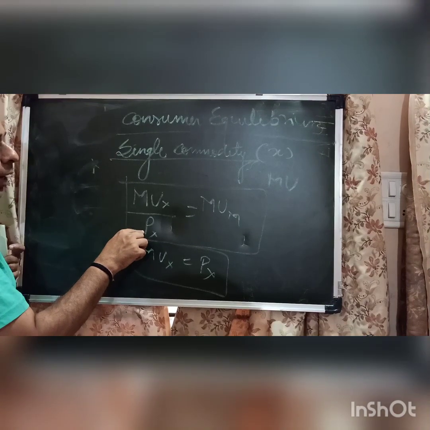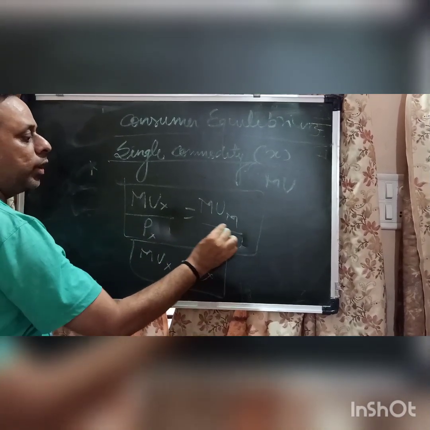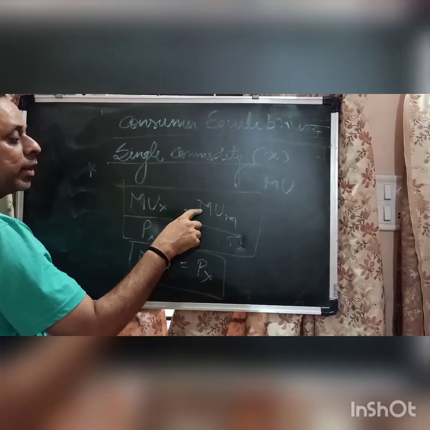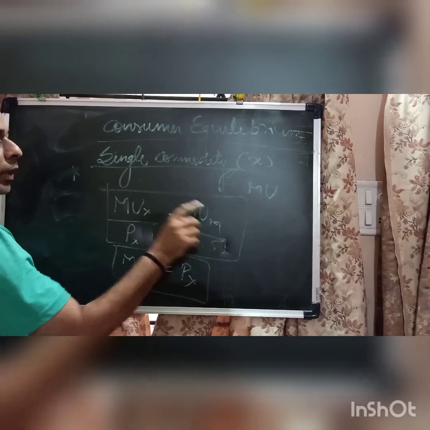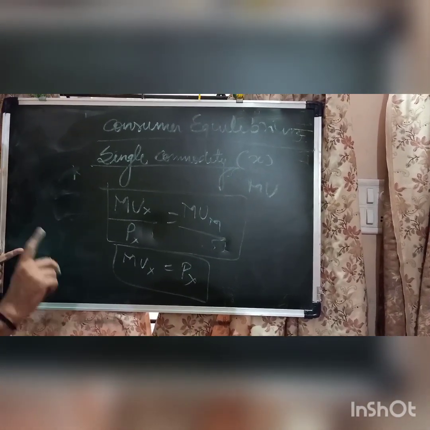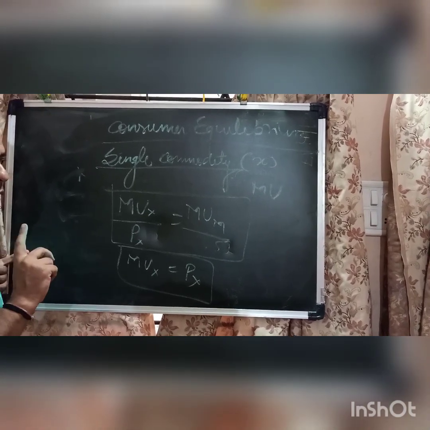PX means price of that commodity X. Now it is very important to understand what this is. This is known as MUM. It means marginal utility in terms of money. In the earlier session we discussed that, let us consider, 1 rupee is equal to 5 utils.